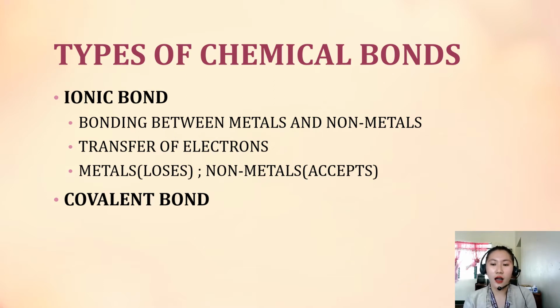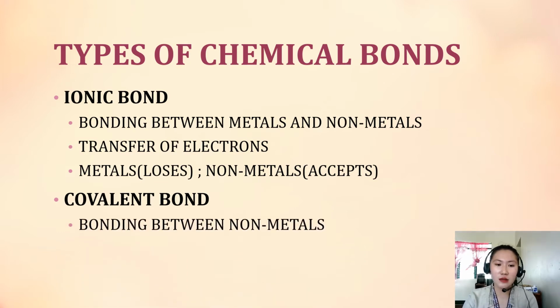Di ba, we all know that electrons have a negative charge. So when metals lose electrons, it means that metals become more positive and non-metals that accept the electrons become more negative. Okay? So next naman is the covalent bond, where it is the bonding between two non-metals.